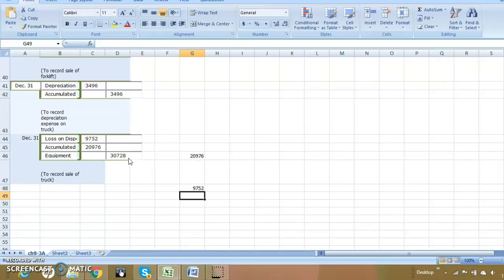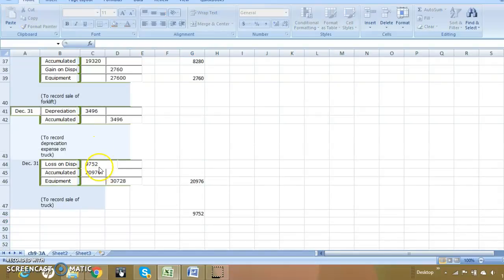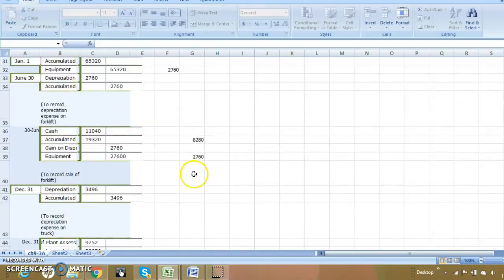We got 9,752 right here, a debit to loss. Loss on disposal of plant assets is 9,752. So I think that's it.